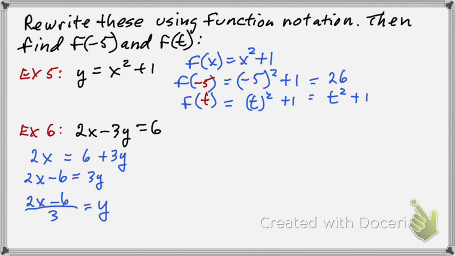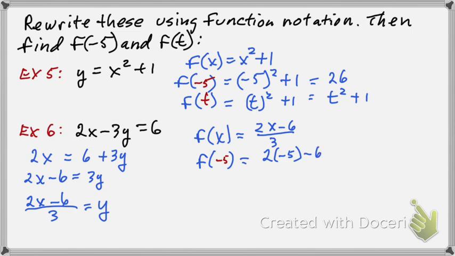So now to write that in function notation, I can say f of x equals 2x minus 6 over 3. To find f of -5, I've got 2 times -5 minus 6 over 3.